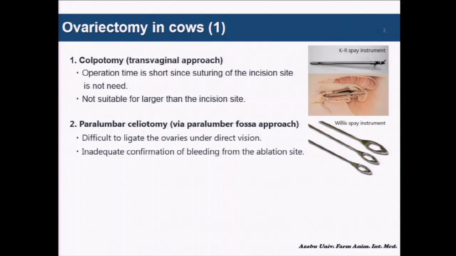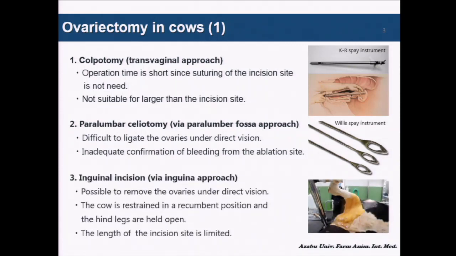With this procedure, bleeding from the ablation site is difficult to confirm. The second is the inguinal incision. In this procedure, the ovary can be operated on under direct vision, but the length of the incision site is limited because of the restrained ligament position and the hind legs being held open. So this procedure cannot be used for large ovarian diseases.